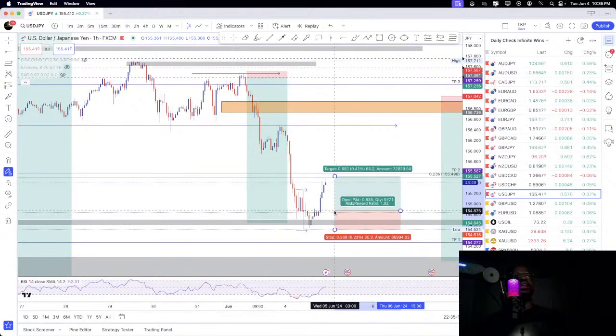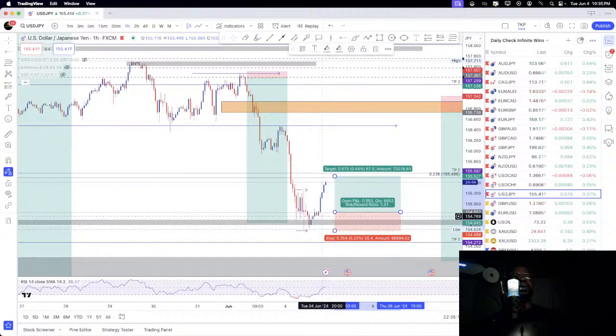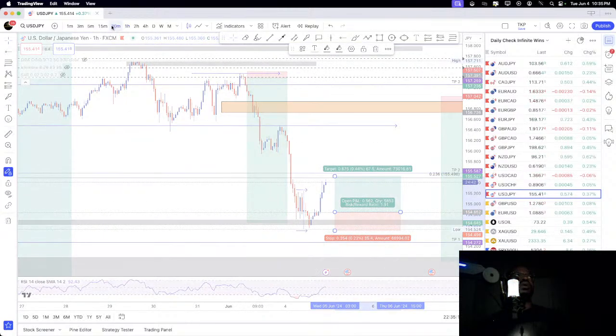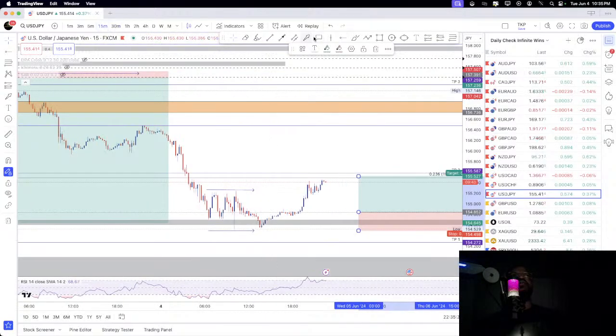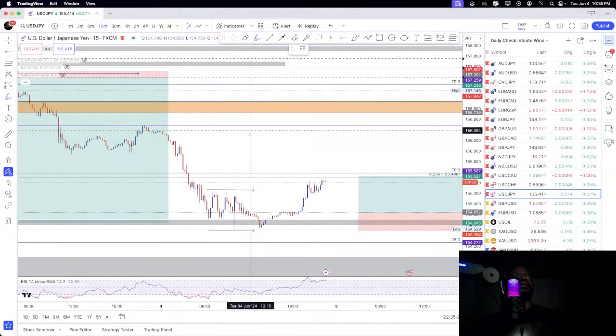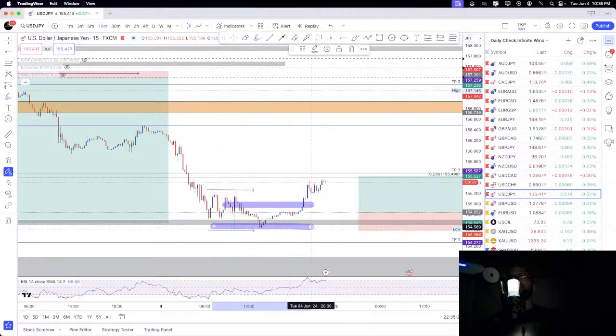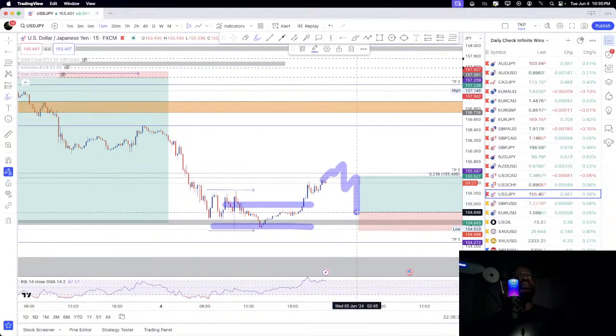We got an inverse head and shoulders on the lower time frame. Right here is where price created micro structure on the smaller time frames. I've been looking at these charts for so long I can see it from the higher time frame. If price rejects to retest this area, we can take a buy to this area.